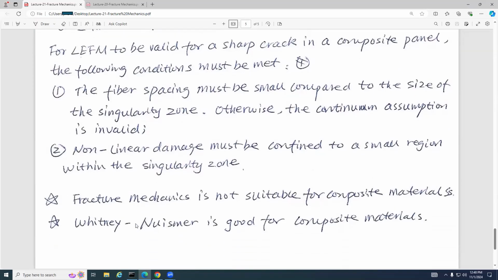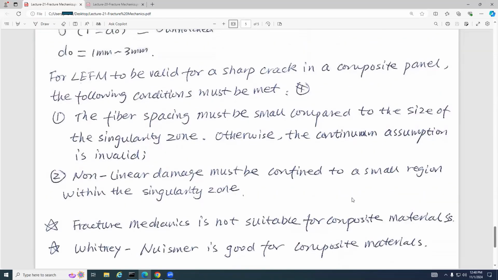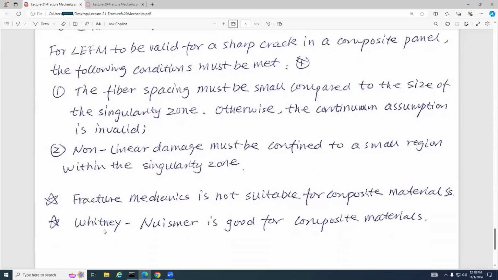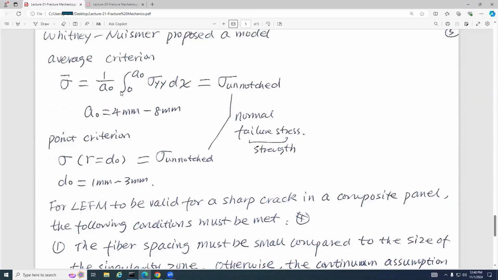There are two observations also. Fracture mechanics is not suitable for composite materials. Whitney-Nuismer is good for composite materials. You cannot use fracture mechanics. However, with the Whitney-Nuismer model, either the average criterion or the point criterion, you can use either of them for these composites.